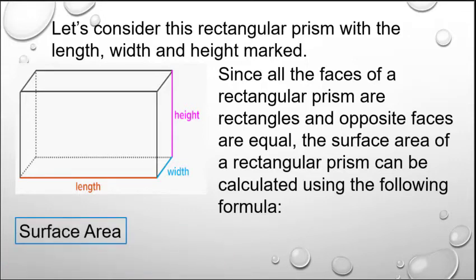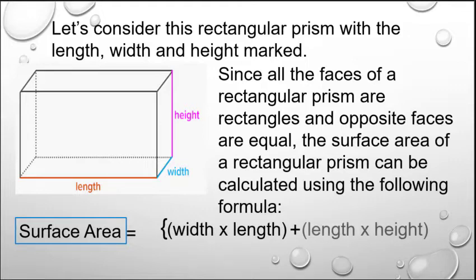Surface area is equal to the product of width times length plus the product of length times height plus the product of width times height, multiplied by 2.